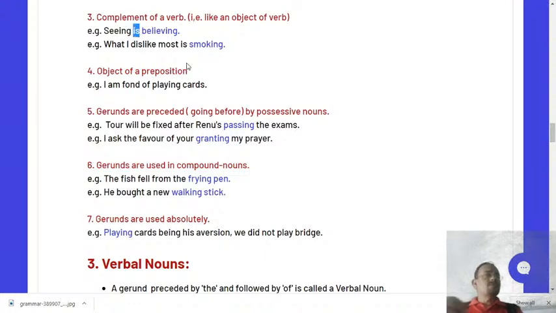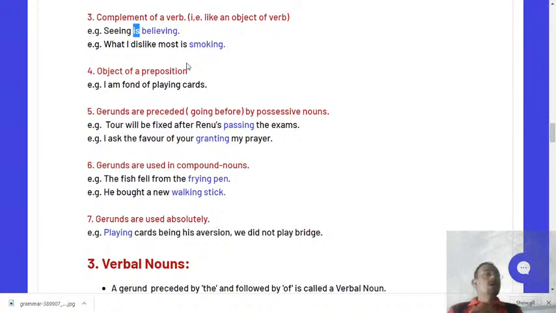What are the examples of be verbs? Be verbs are am, is, are, was, were. And being as well, but you remember am, is, are, was, were. If any word goes after am, is, are, was, were, then that word is called the complement of the verb.